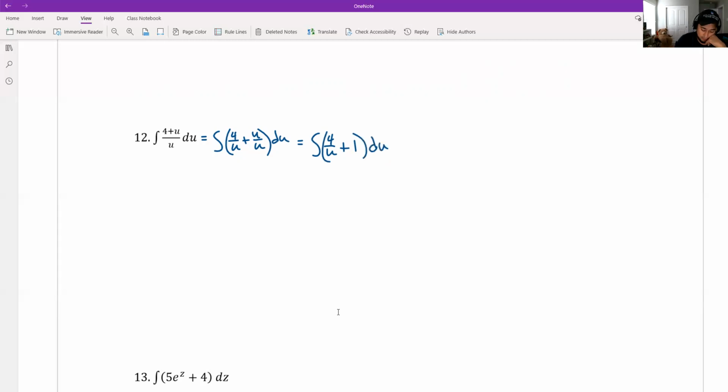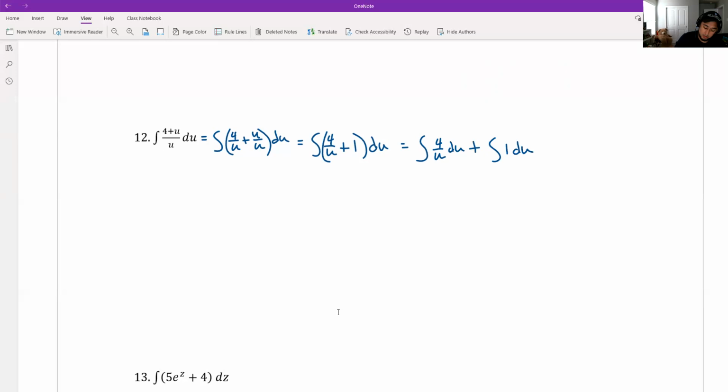Because u over u is just 1. There you go. Okay. So now I will split it into two integrals. And I'll have the integral of 4 over u du plus the integral of 1 du.